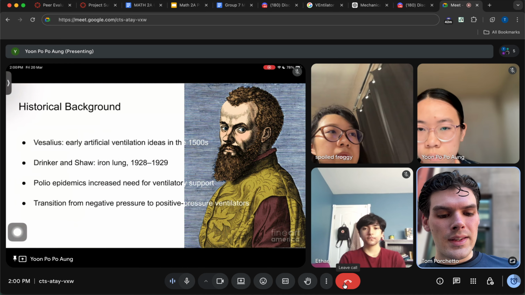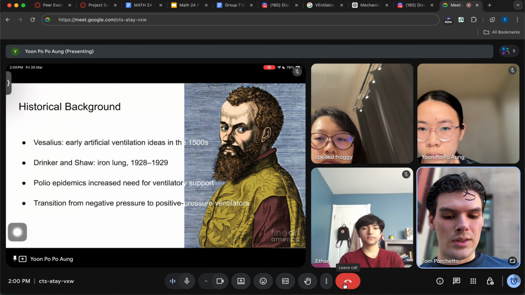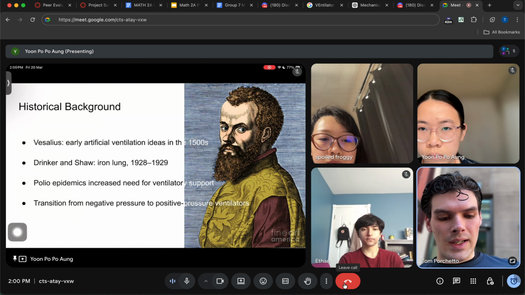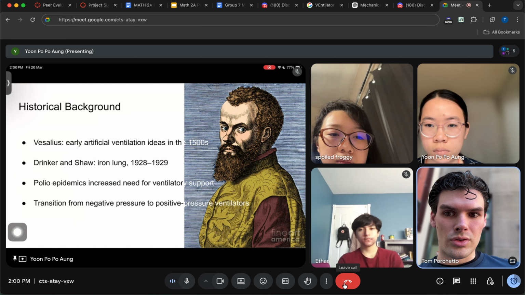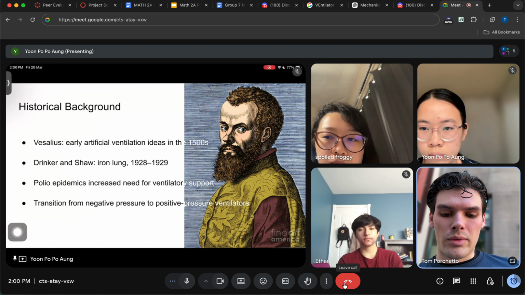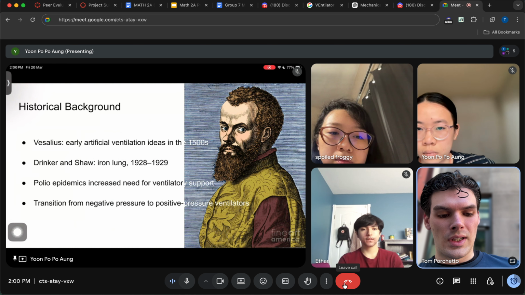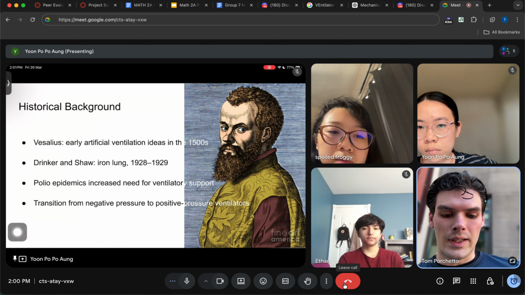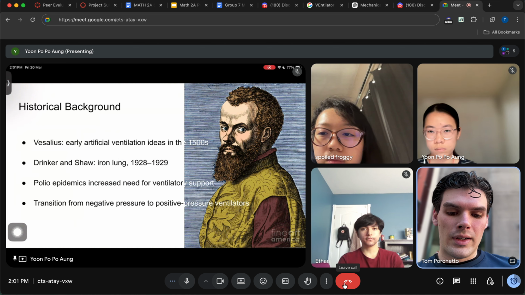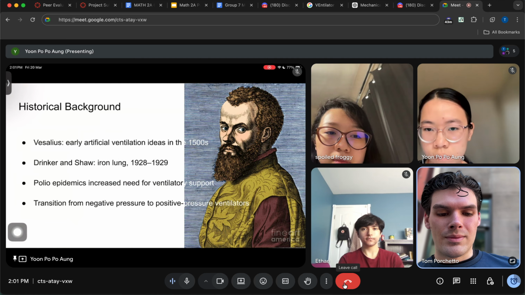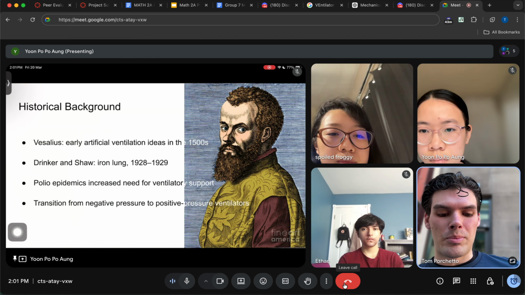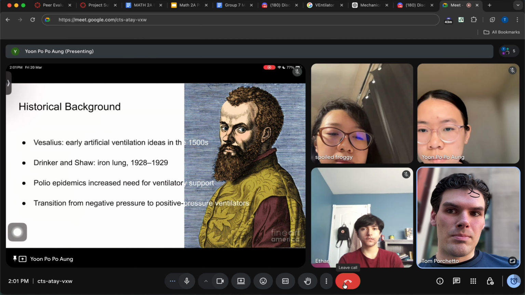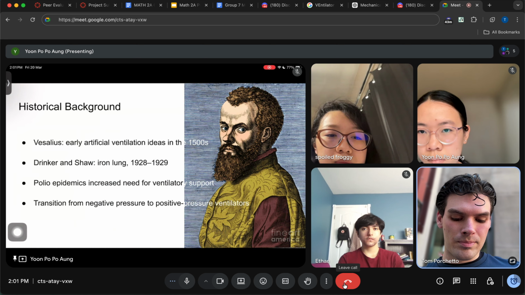That early idea was very important because it introduced the basic principle that respiration could be assisted mechanically rather than left entirely to spontaneous breathing. Over the centuries, physicians and inventors explored different methods for artificial respiration, but these efforts were still limited and not yet the practical ventilators used in medicine nowadays.